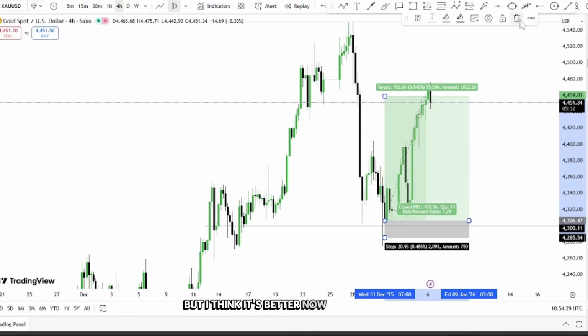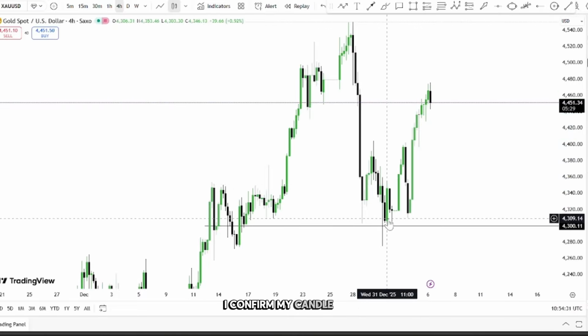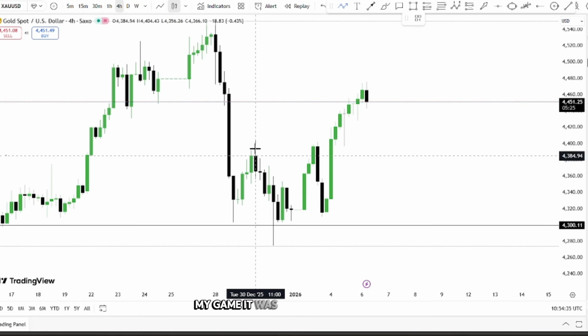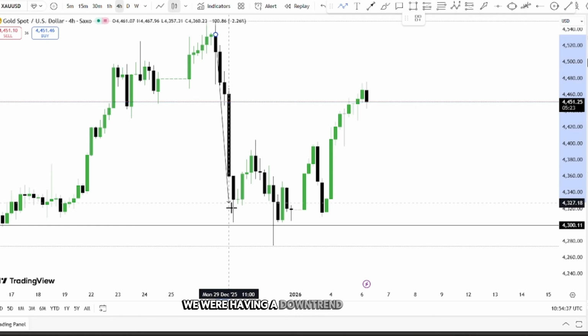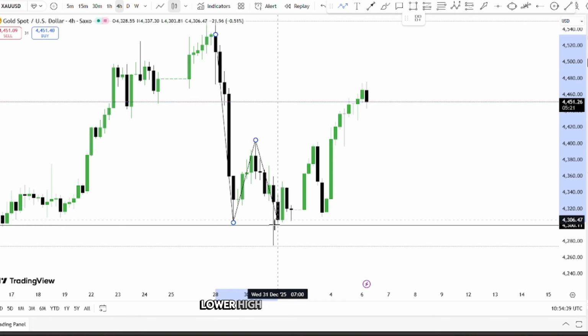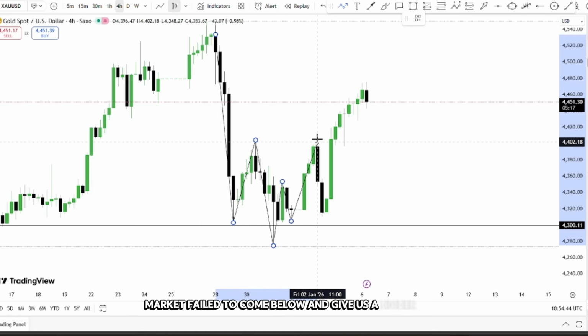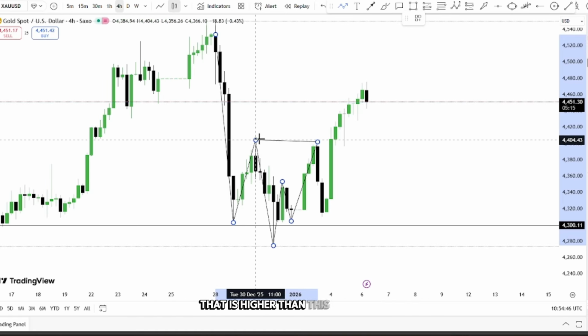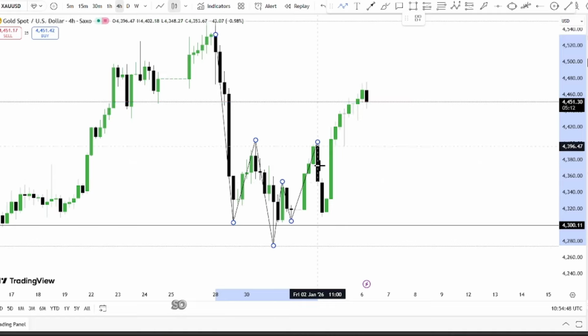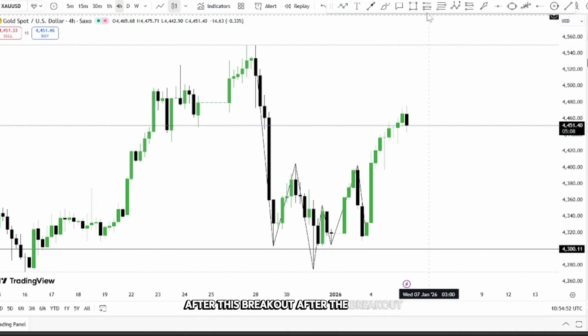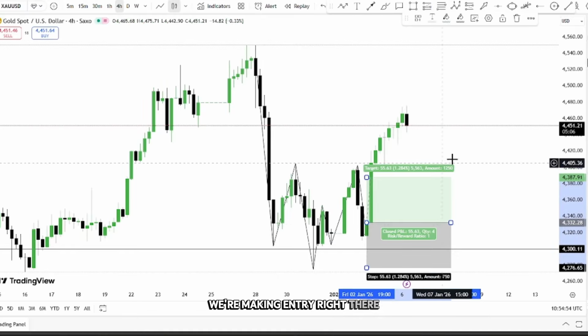Before I enter, I confirm my candlestick, I confirm the market structure, just like what we have here. The market was having a downtrend: lower low, lower high, lower low, lower high. The market failed to come below and gave us a higher high that is higher than this high, right? So then we wait for a confirmation after this breakout. After the breakout, we make an entry right there.